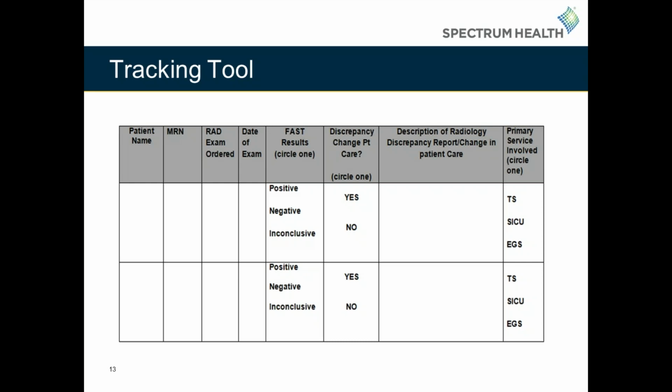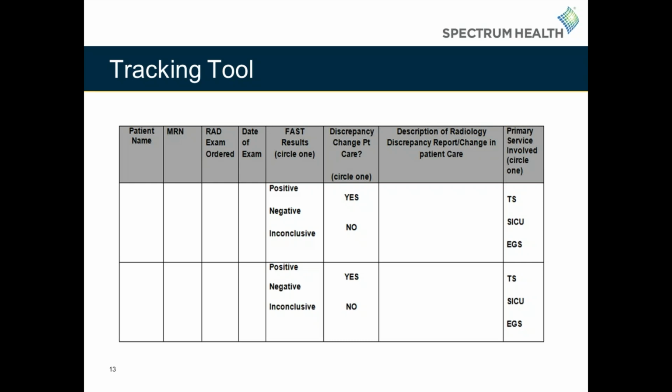So it allows us to compare the two when we give the feedback to the radiologist. And we put the FAST exam on here just because of the case that I presented to you, and also because we've had cases where there may be some discrepancy between what was documented as a final result for the FAST exam versus what was found on the CT scan. And this helps us to provide feedback in that area as well.